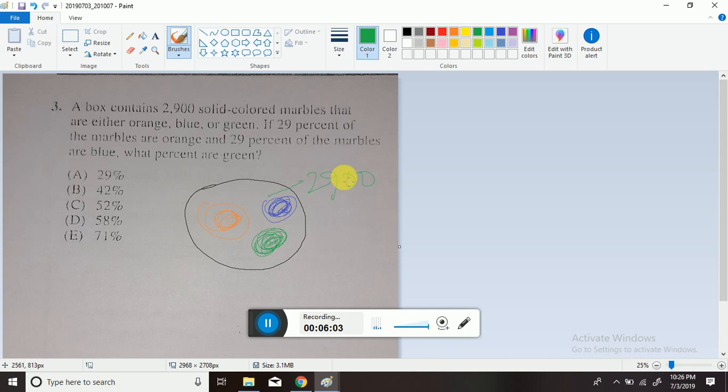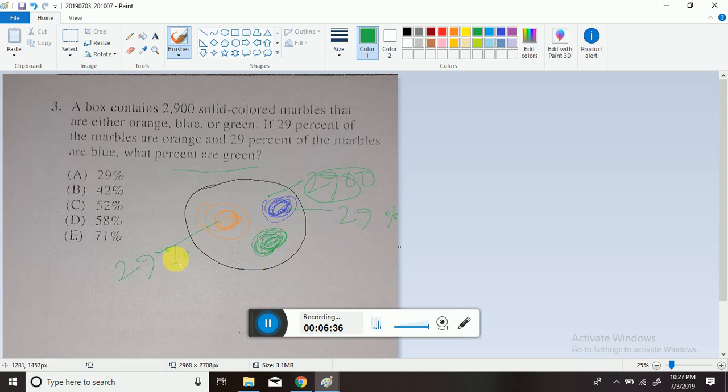If 29% of marbles are orange, and 29% of marbles are blue. Actually in this problem, when we are asked in percentage, this 2900 does not have any role. If the number of green marbles were asked, then it may have some role.